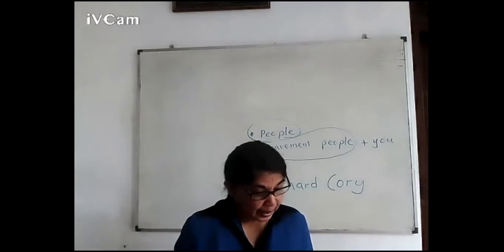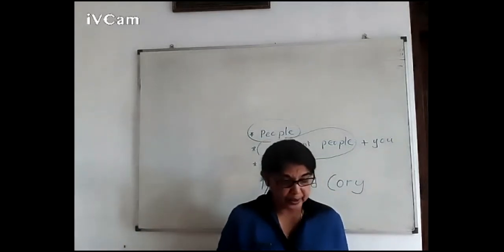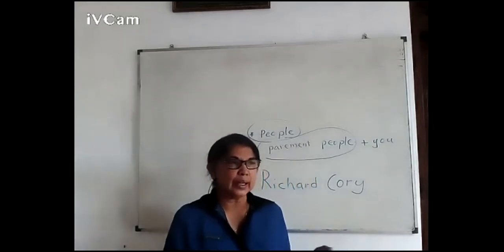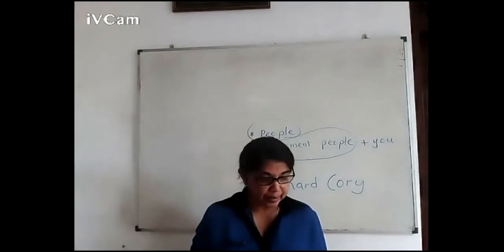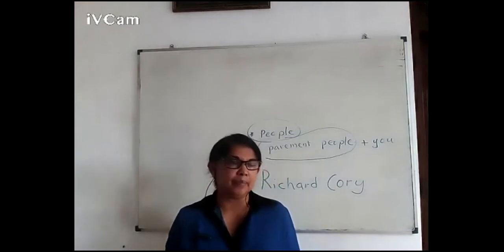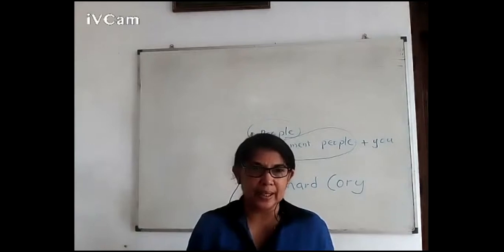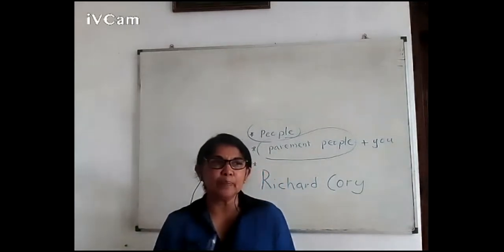Then, clean favored and imperially slim. Once again, appearance as well as quality. Imperially slim means he is a good looking person, so that is also another reason for the people to look at him.